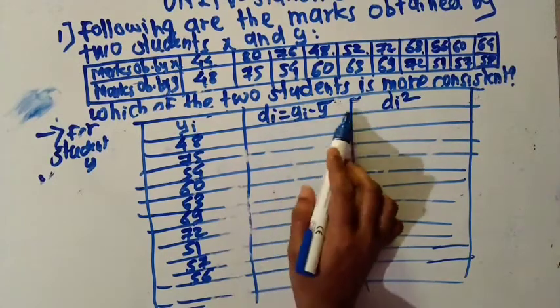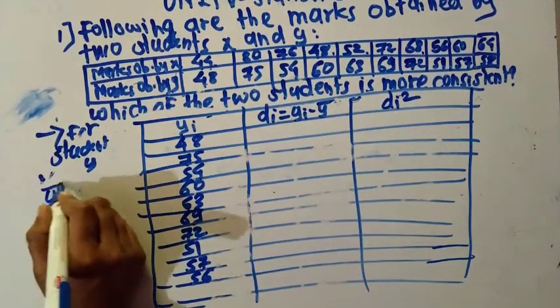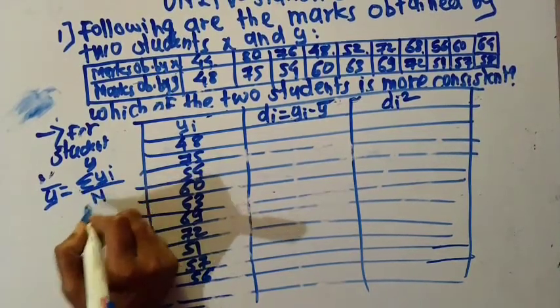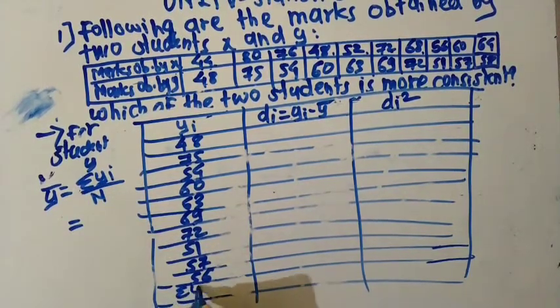Then di is equal to y minus y bar. So first find out y bar, the mean: summation of yi is equal to 605.